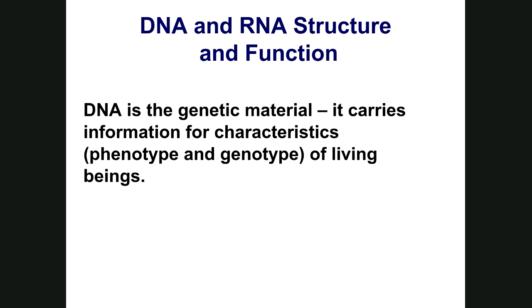All of these things we usually get from our parents. How do we get it? We get it through this DNA, and the gene carries this DNA. So it carries all of the information of the characteristics of living beings.